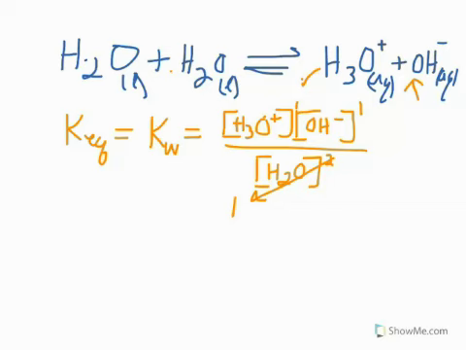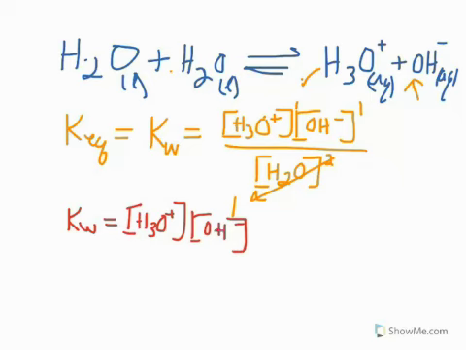Not true, but that's how we're going to deal with it in this class. So for us, the Kw mathematical expression is the concentration of H3O plus times the concentration of OH minus, and this is well measured. This is equal to 1 times 10 to the minus 14th, and you're expected to know that.